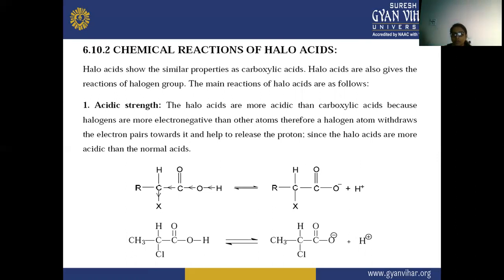Therefore, a halogen atom withdraws the electron pair towards it and helps to release the proton, so the halo acids are more acidic than the normal acid. Here you can see this halogen is attached to the alpha position. As you know, halogens are electron withdrawing in nature and more electronegative than any other atom. So these halo acids are more acidic.